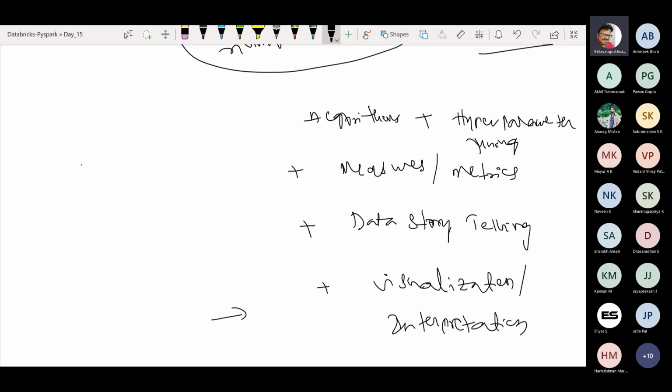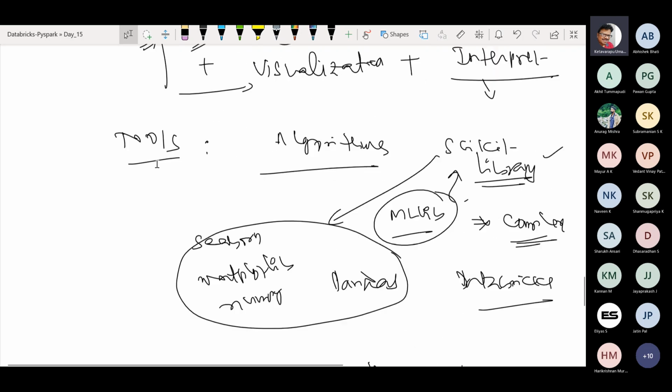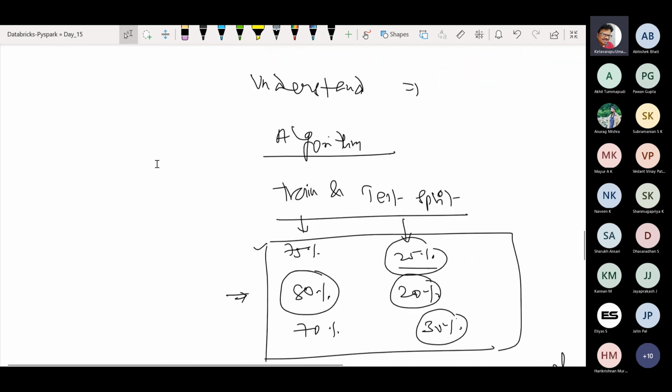Interpretation of your findings. This is how you can specify the usage of a data scientist or machine learning context.